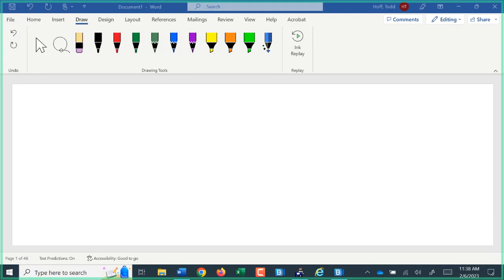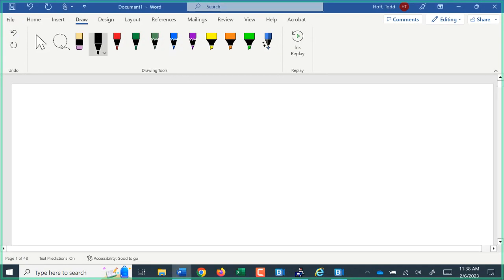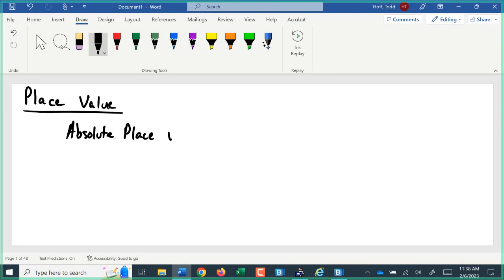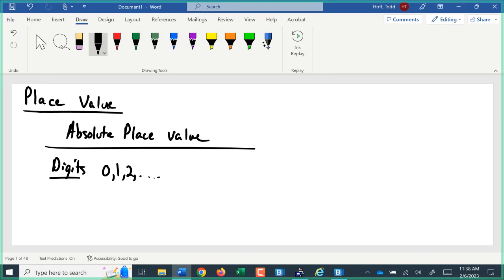So we've talked about place value in our numbering system. And our numbering system is what is called an absolute place value system, where we have digits that have a value, and that's the 0, 1, 2, on up through 9 is our digits.